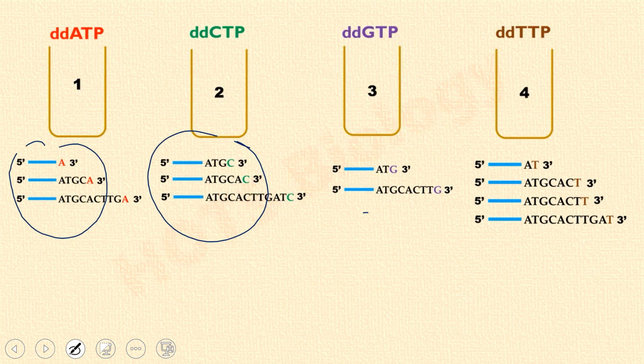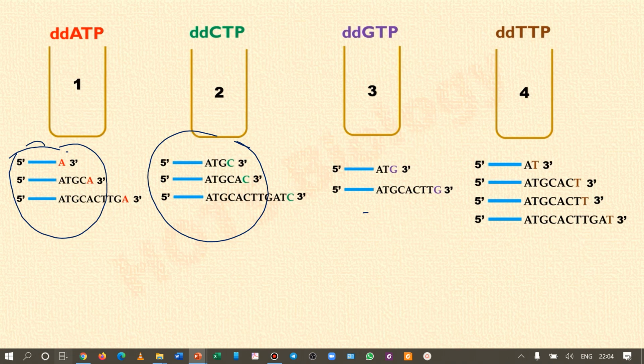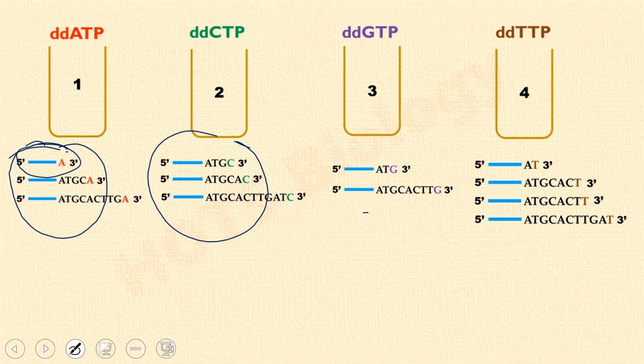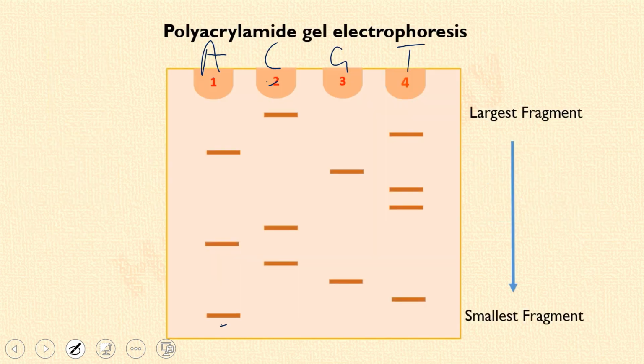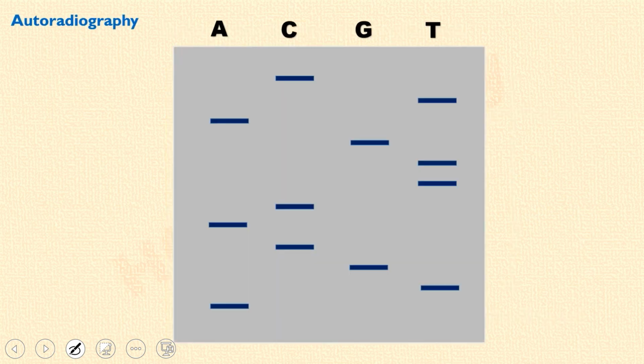Now you can see, in this case, the smallest DNA piece is this one. The second smallest is this one. So this is arranged according to size. The largest fragment will be near the well and the smallest fragment will be farthest from the well.